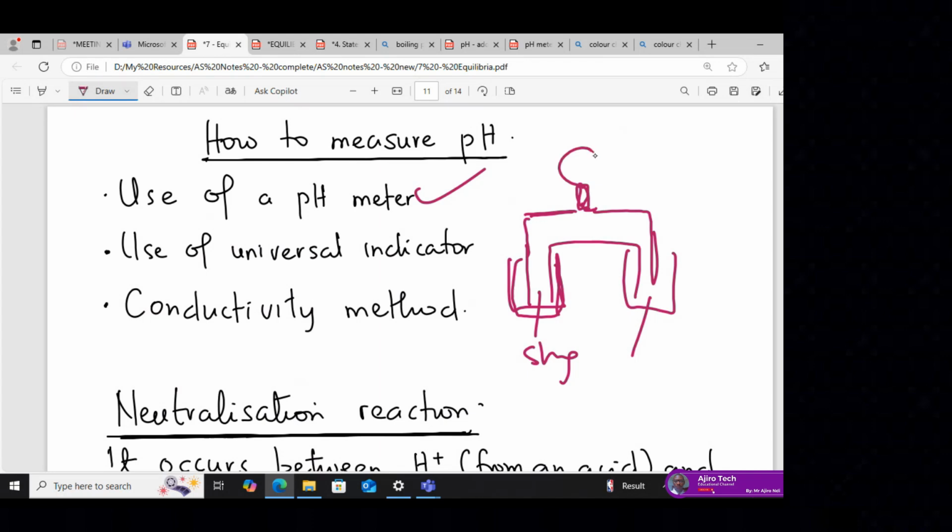If the acid used is a strong acid, the bulb will be very, very bright. If it's a weak acid, it will be very dim. These are ways of measuring pH, the conductivity method. Strong acids and strong alkalis are better electrical conductors and have high conductivity. Is that okay?